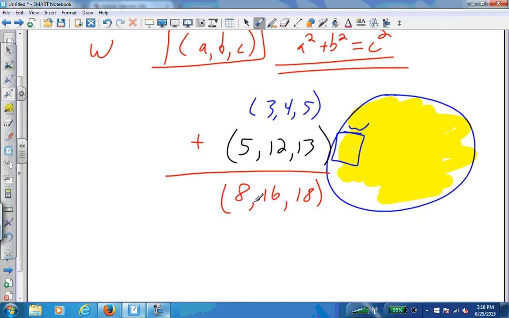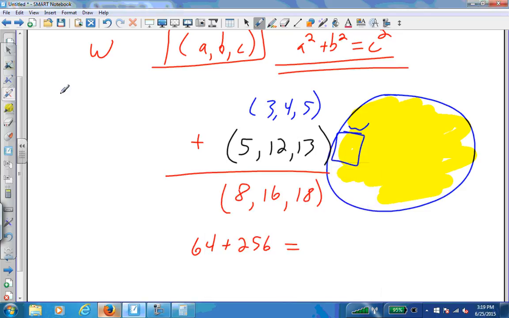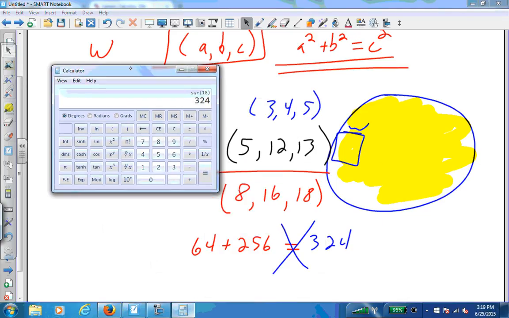And let's just real quickly show 8 squared is 64, 16 squared is 256, plus 18 squared, I'm drawing a blank off the top of my head, 324, and that's not true. Those things are not equal to each other. 64 plus 256, just make sure, yeah, 16 squared is 256, plus 64, that's 320, not 324.